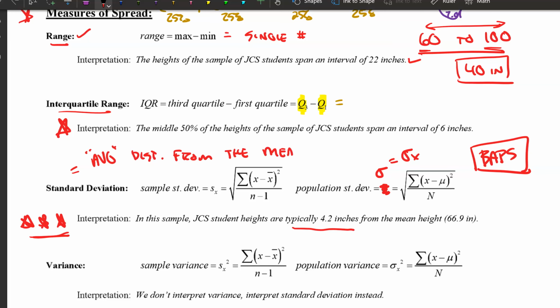How spread out is your data? Well, our data points are on average 4.2 inches from the mean. That tells you some are going to be 4.2 inches above, some 4.2 inches below, some 2 inches above or below, or 1 inch above, or none, or maybe 8 inches above and 8 inches below. But on average, that distance from the mean is going to be about 4.2.